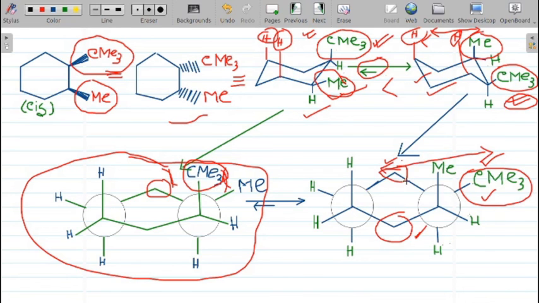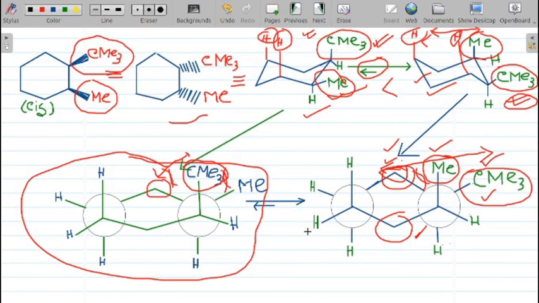And there will be one interaction between this methyl group and this CH2 group, which is a gauche interaction. Here you can see that the clash between the tert butyl group and the CH2 group is greater than the clash between this methyl group, which is smaller in size, and this CH2 group.